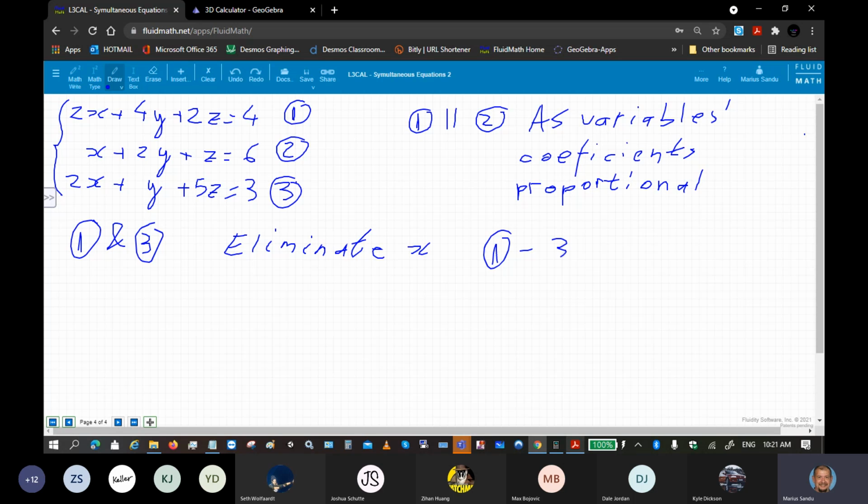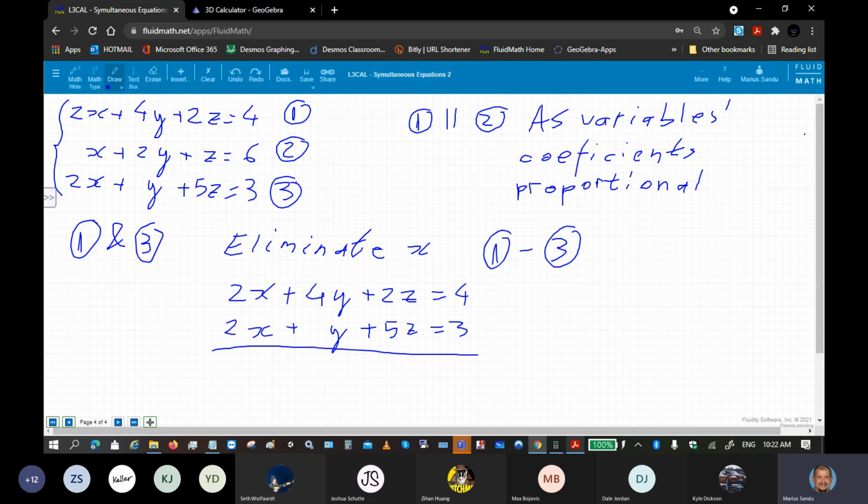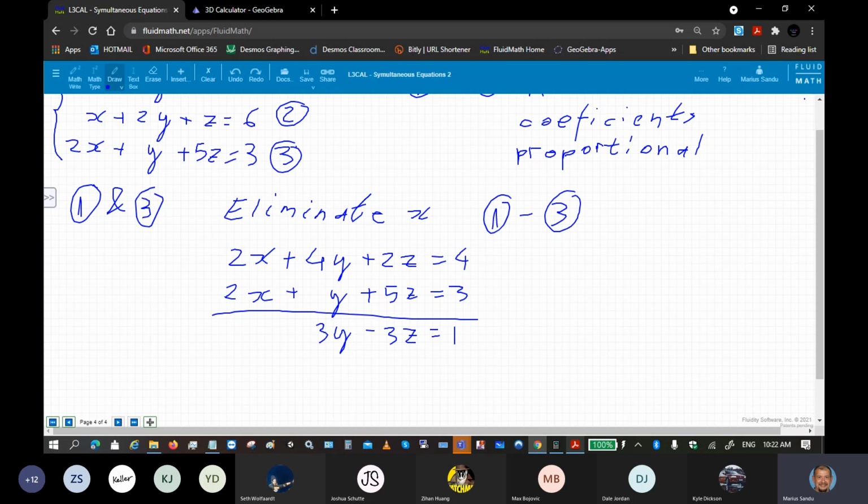So 1 minus 3: 2x plus 4y plus 2z equals 4, and 2x plus y plus 5z equals 3. 2x minus 2x is 0. 4y minus y is 3y. 2z minus 5z is minus 3z, equal to 4 minus 3, which is 1. Let's call this equation 4.